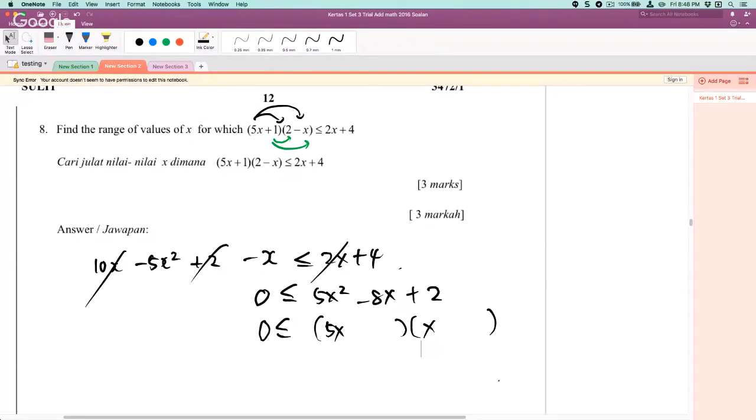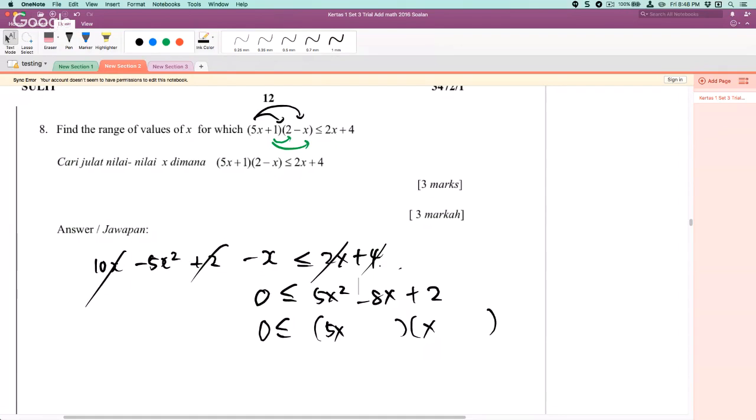Okay, am I doing anything wrong here? I mean 10x minus 5x squared, and then this one is plus 2, and this one is minus x, less than or equal to. Okay, it seems correct: 5x squared minus 10x minus 8x, so this one is plus 2.